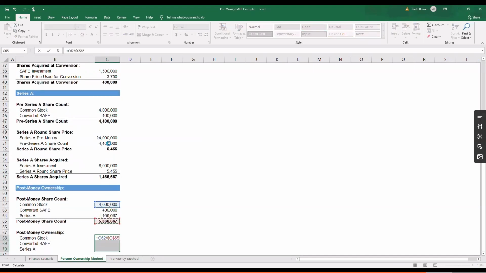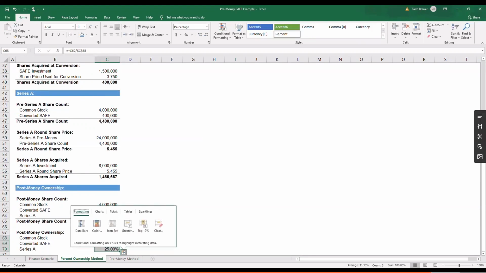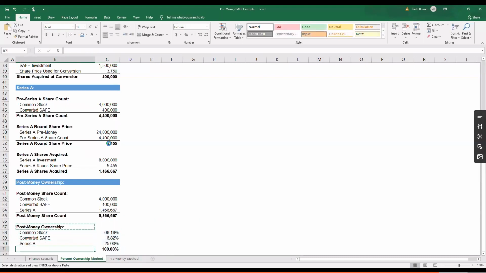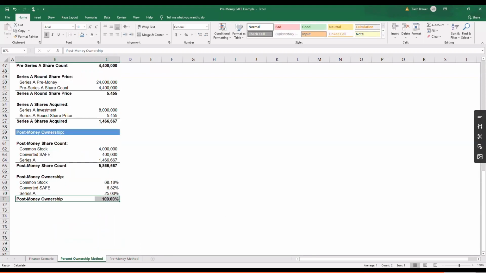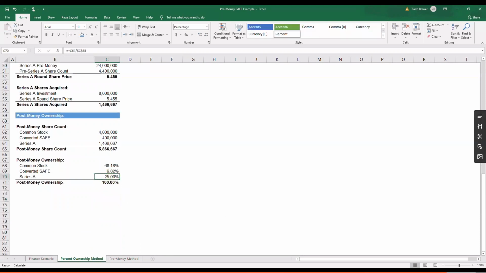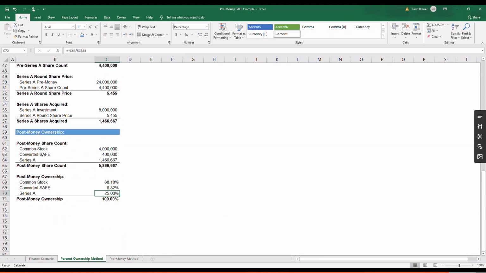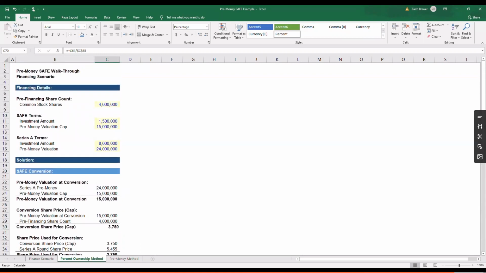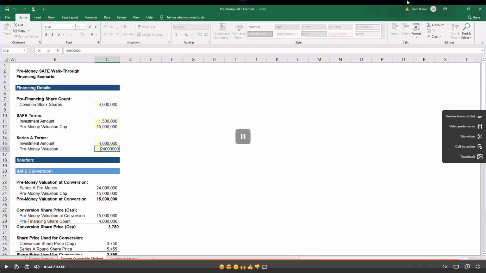One thing to keep in mind here is, because we're using the percent ownership method, the Series A is actually going to get the 25% ownership that you would expect them to get when you have a pre-money of 24 million and a raise of 8 million. When we did this in the pre-money method shown in a previous video, the ownership we got was actually lower than the expected amount.